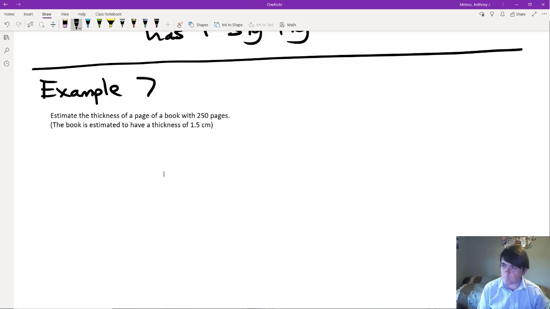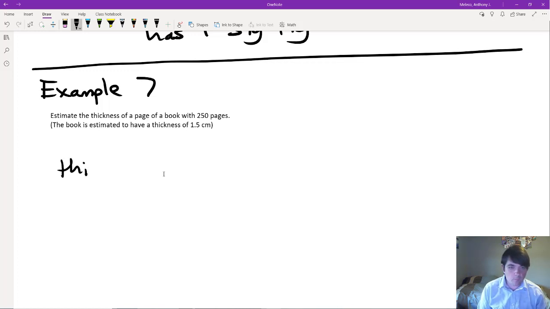So how do we do this? You want to estimate the thickness of a page of a book with 250 pages. And you're told that the book is estimated to have a thickness of 1.5 centimeters.